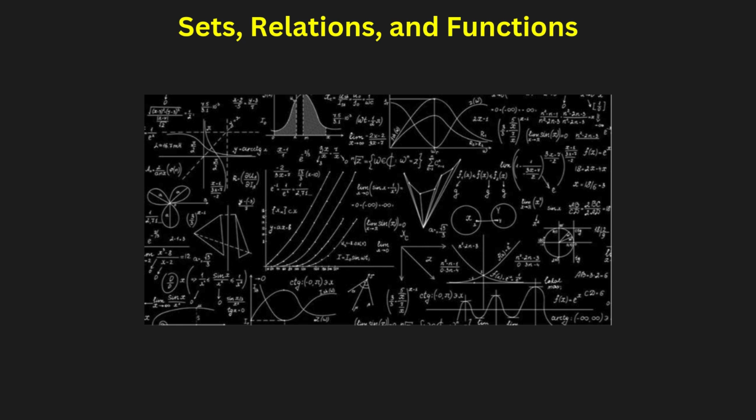Relations define how the elements from one set relate to another, including equivalence and partial ordering. Functions, on the other hand, map the elements between sets. We explore bijection, inverse, composites and their significance in computer science.